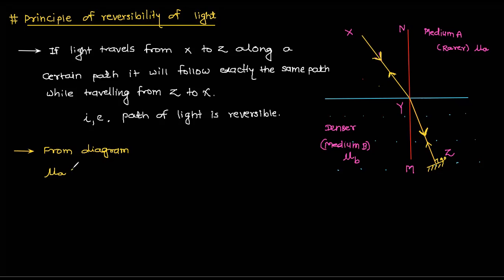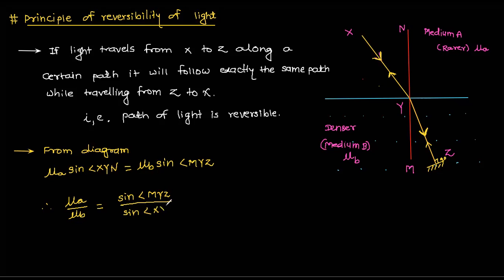Mu A into sine of angle X, Y, N is equal to mu B sine of angle M, Y, Z. Therefore, if I want mu A by mu B, it is equal to sine of angle M, Y, Z divided by sine of angle X, Y, Z. Call this equation number 1.